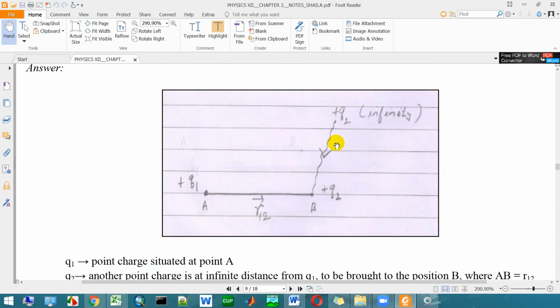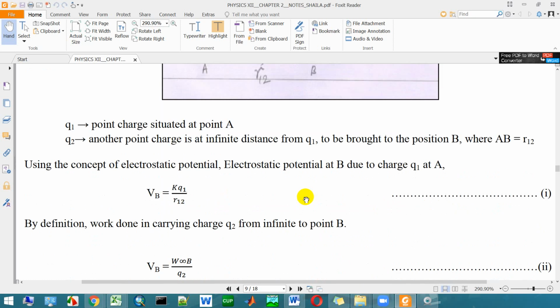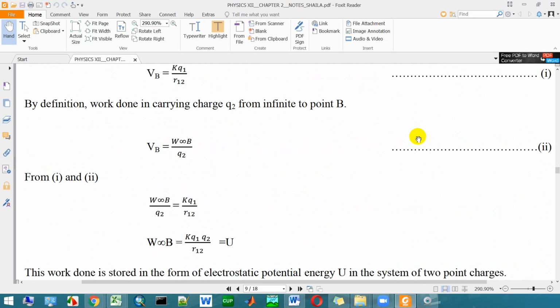To take the charge Q2 from infinity to point B, the amount of work done is equal to the potential at point B. This I represent as equation 2.